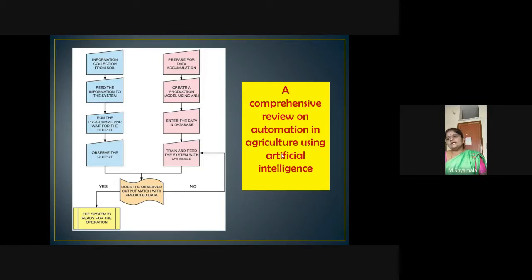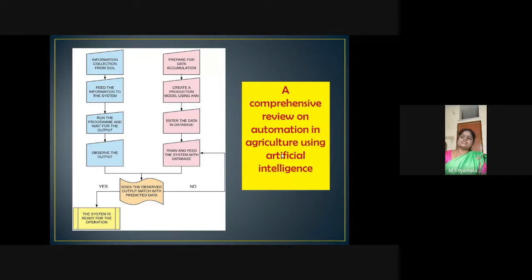First we get information collected from the soil and feed the information into the system, run the program, wait for the output and observe the output, prepare the data accumulation, and create a prediction model using AI. This artificial neural network will make the decision whether the wetness level is enough for plantation or whether we have to pour some water.